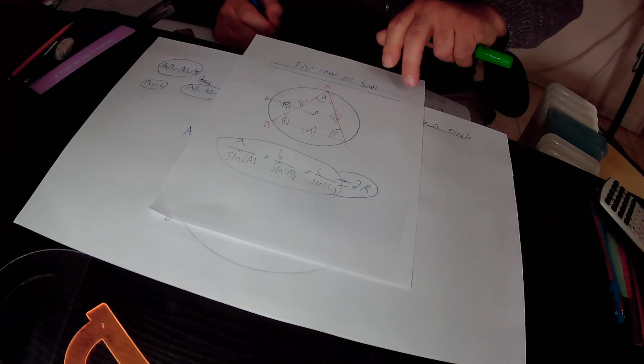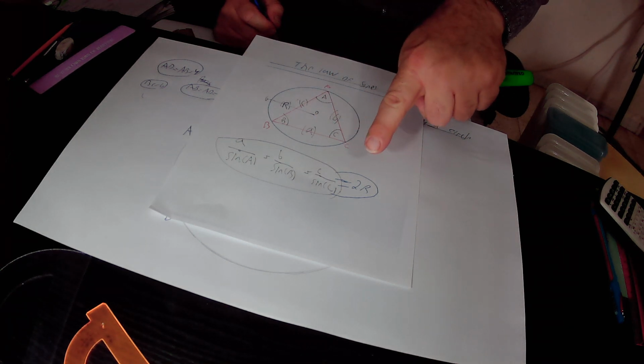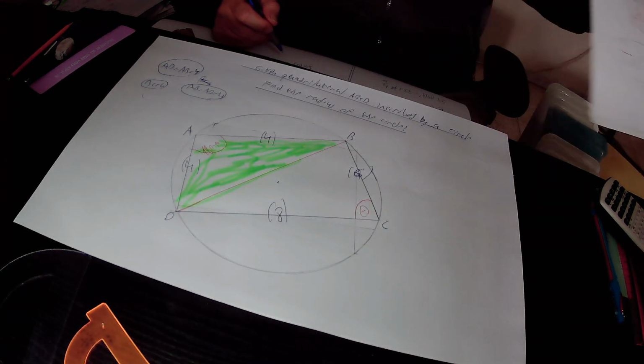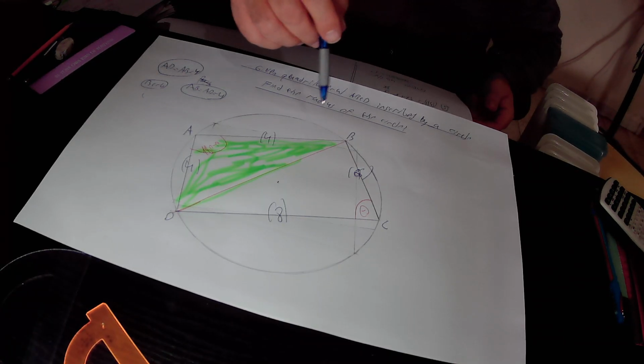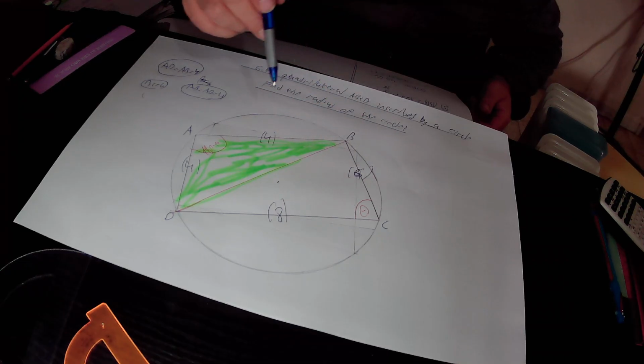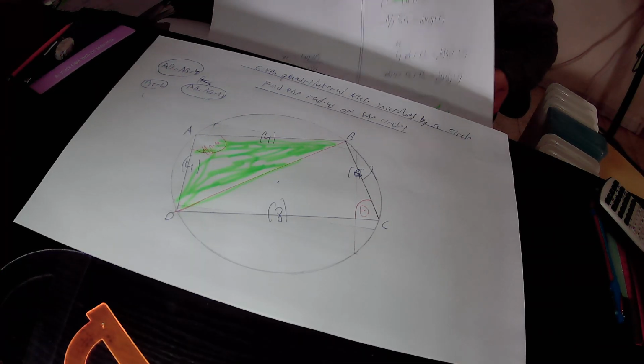What is the law of sines? A over sine A equals B over sine B equals C over sine C equals 2R. So in this triangle BDC, BD over sine theta equals 2R, and R is the radius of this circle that circumscribes triangle ABC. That is the radius that we are looking for in this question.